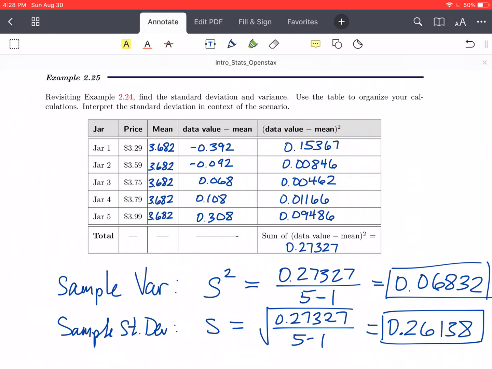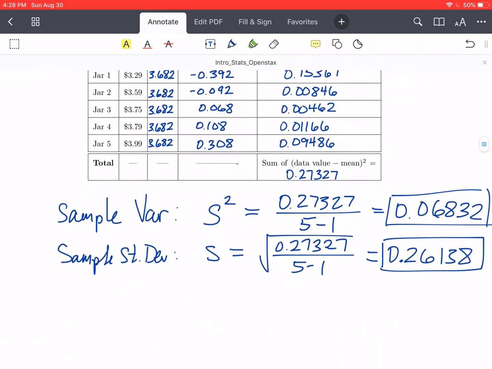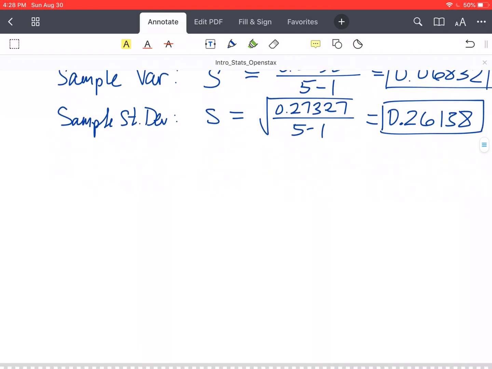We're going to look later in the section at what this really tells us, but it tells us how spread out the data is. We know that the mean is about $3.68, give or take 26 cents on either side. Again, we'll talk more in a little bit about what that looks like visually.